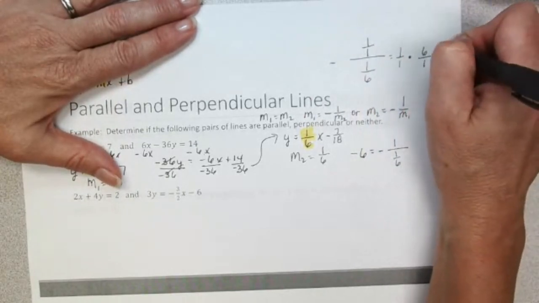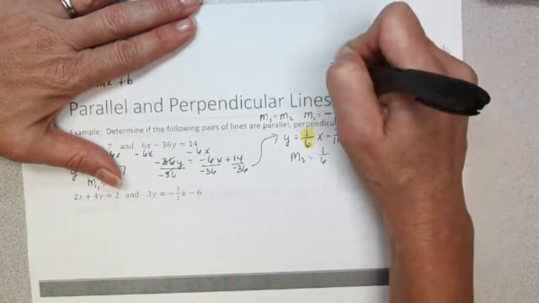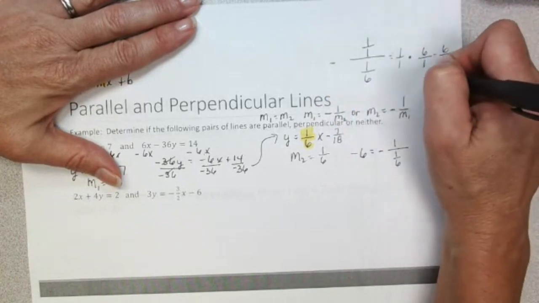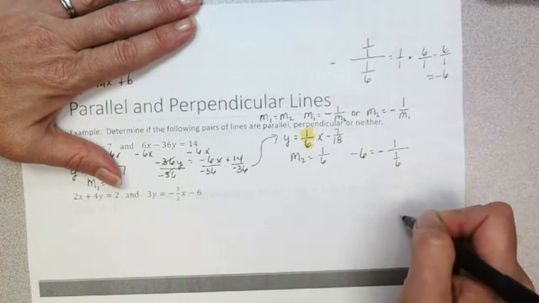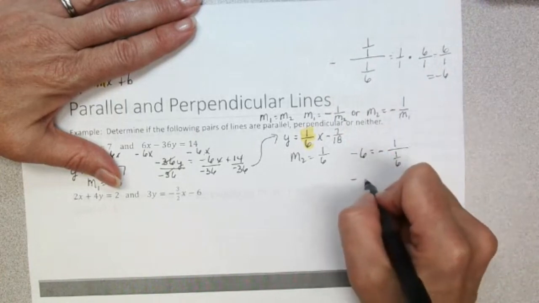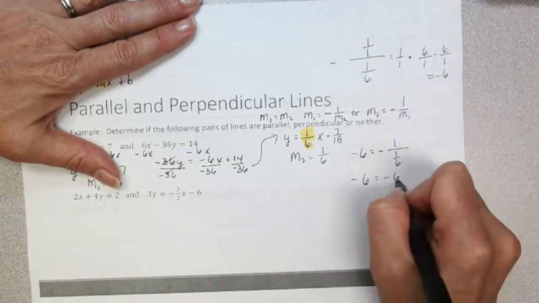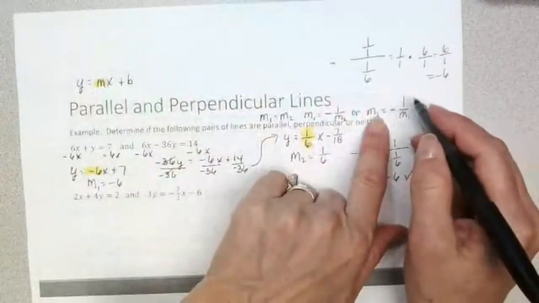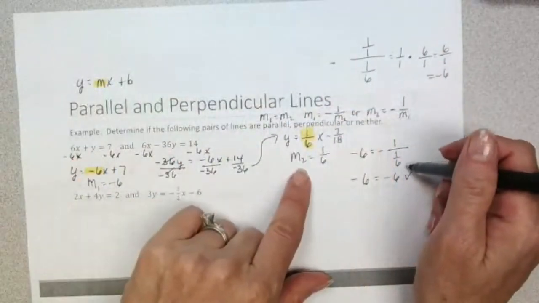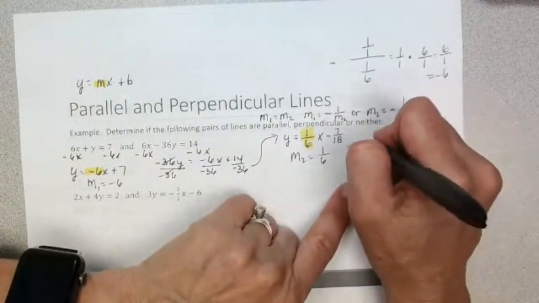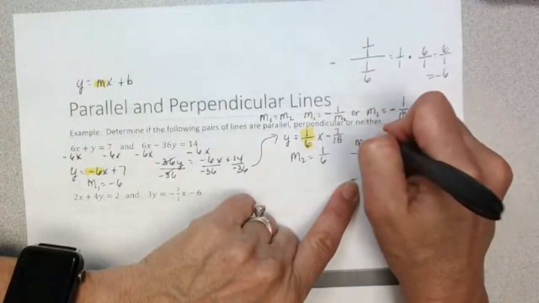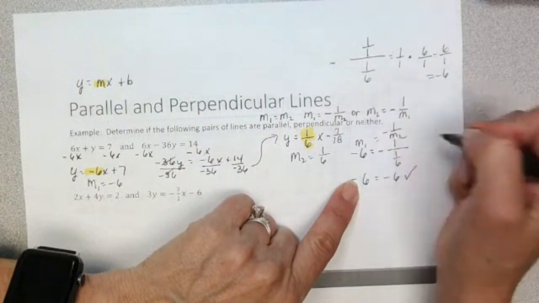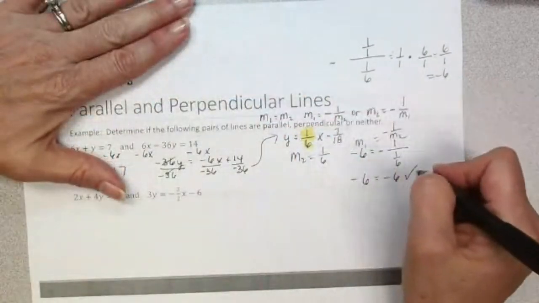Then when we multiply them, we get 6 over 1, of course negative, or negative 6. So look at this, negative 6 does equal negative 6. It's true. So what does that mean? That means that these are perpendicular because m1 equals negative 1 over m2, right? So I'd say perpendicular.